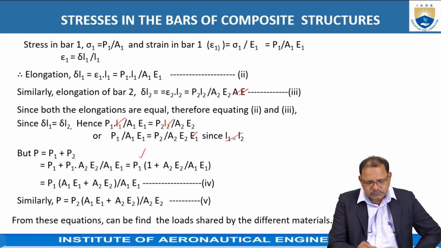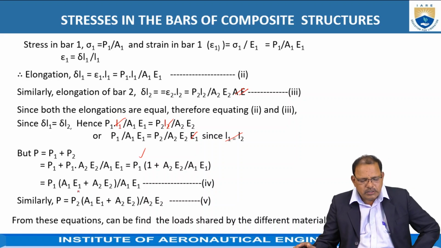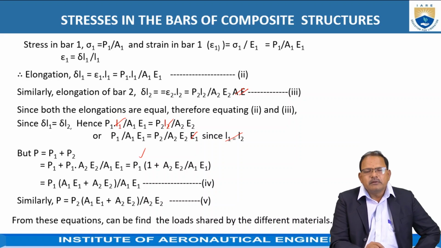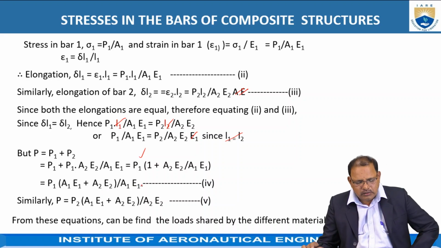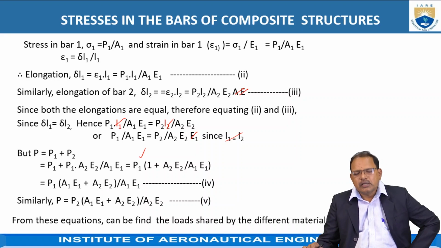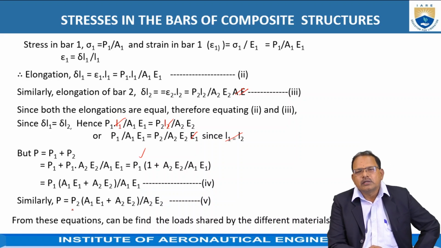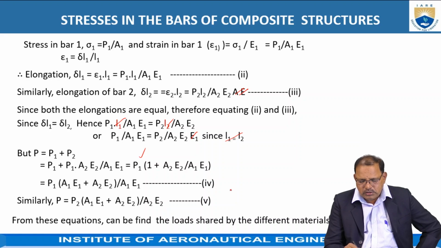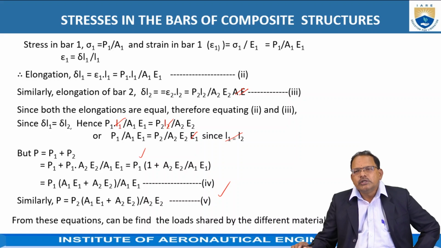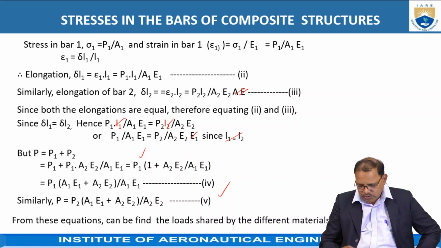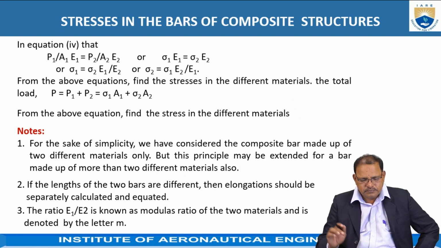So P is equal to P1 into A1 E1 plus A2 E2 divided by A1 E1. Similarly, using the second equation, P is equal to P2 into A1 E1 plus A2 E2 divided by A2 E2. These two equations are useful for determining the load shared by each material of the composite bar.